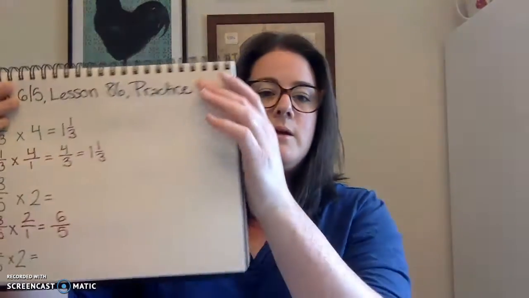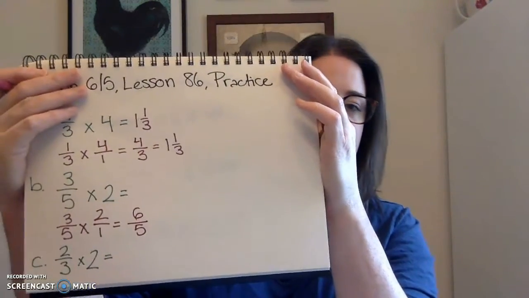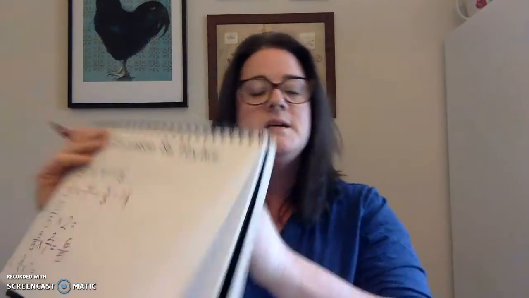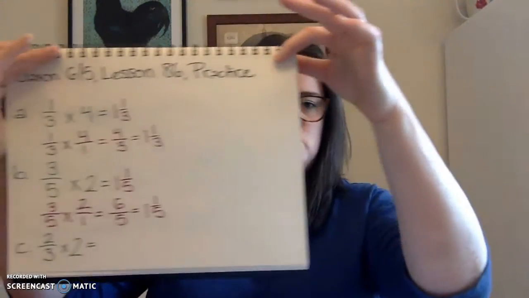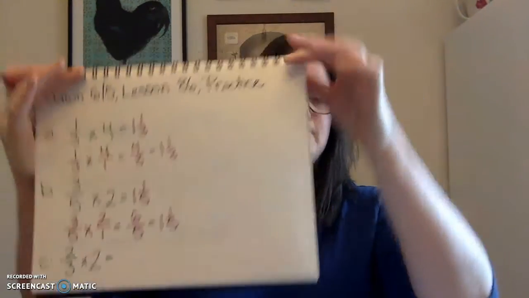That gives me 6, 3 times 2. I multiply my denominators. 5 times 1 gives me 5. So my multiplication gives me 6/5. I want to make sure that I simplify my answer. I don't want to leave that as an improper fraction. 6/5 gives me 1 and 1/5. Just like that.